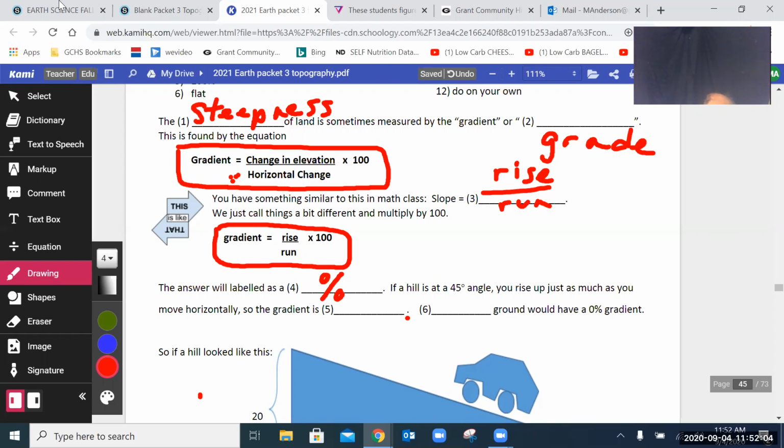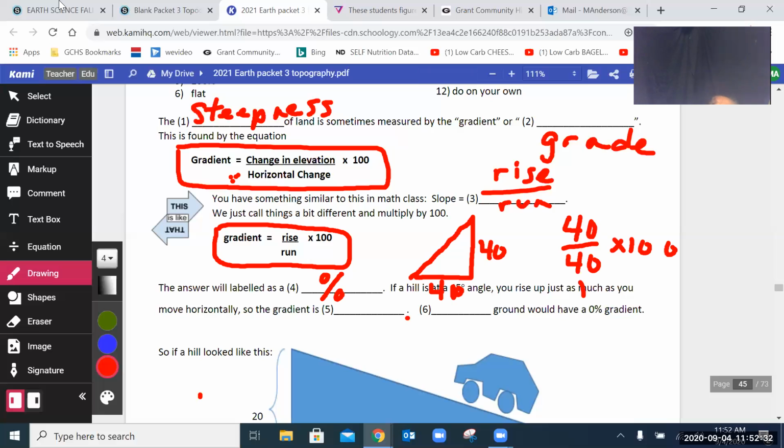If a hill is a 45-degree angle, you will rise up just as much as you move horizontally. So here's a 45-degree slope. Let's pretend the rise is 40 feet up and the run is 40 feet across. So rise over run is 40 over 40 times 100.